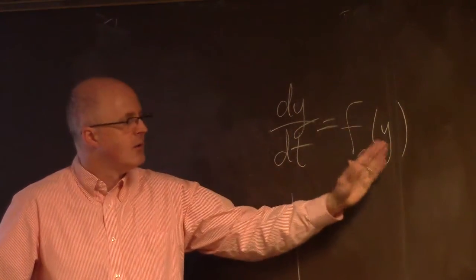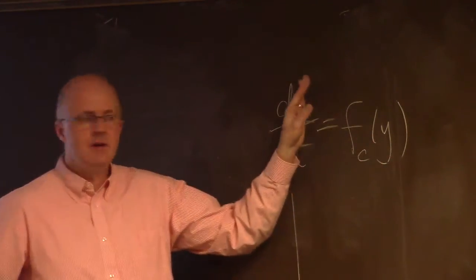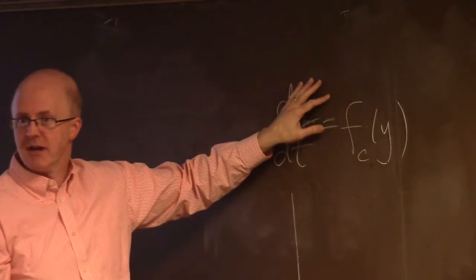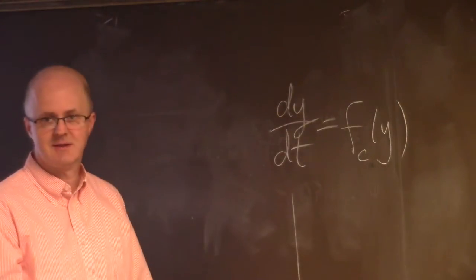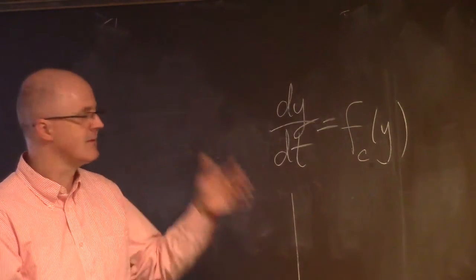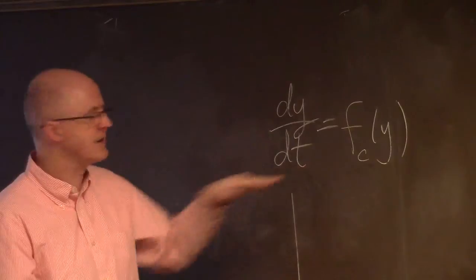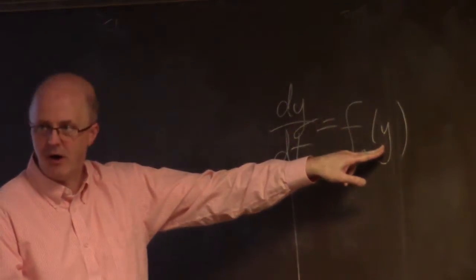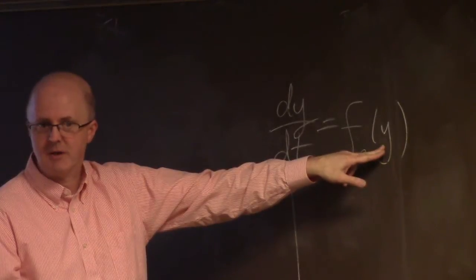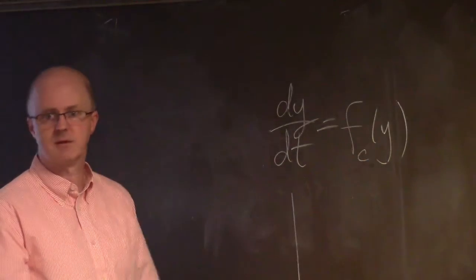What numbers for y give you 0 for this function value? That corresponds to constant functions equal to those roots for all t that solve the differential equation. Because the derivatives are always 0, and when you substitute in for y, that constant function, no matter what t is, that becomes 0 as well.